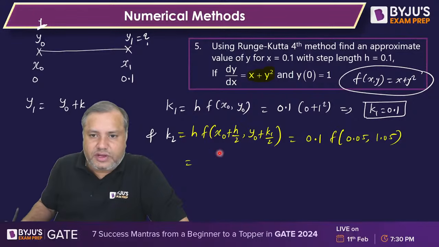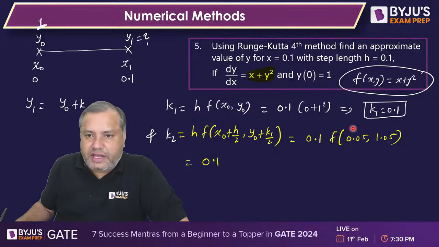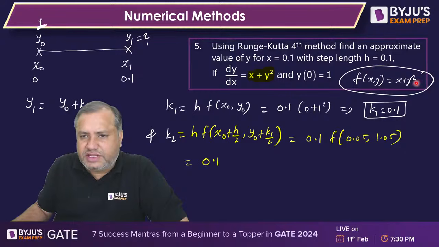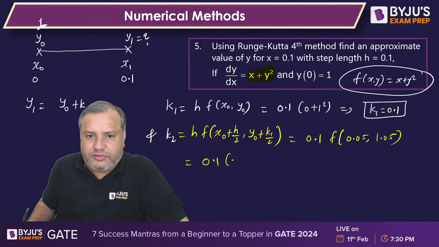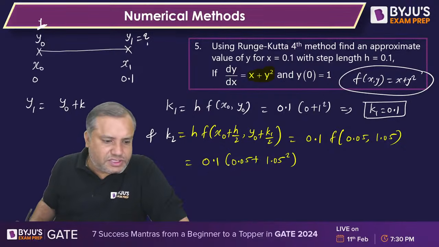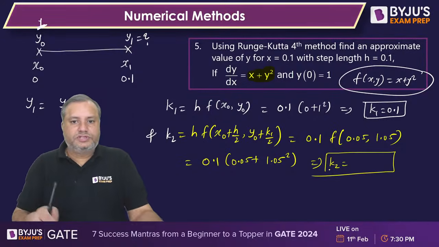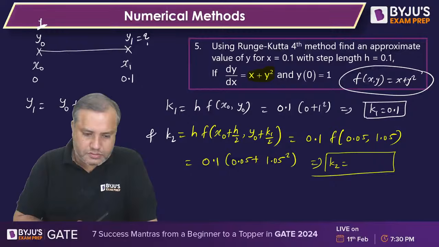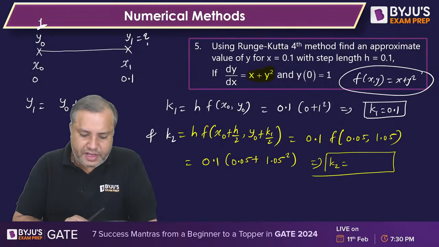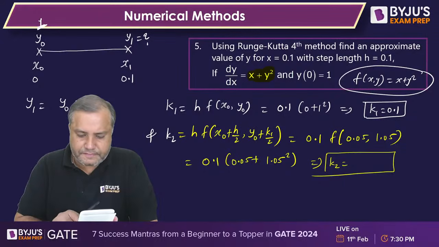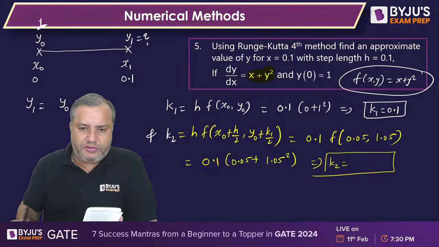So 0.1, and this is the function. In this function, x is 0.05 plus 1.05 square. Let us solve this. So 0.1 multiplied by 0.05 plus 1.05 square is 0.11525.